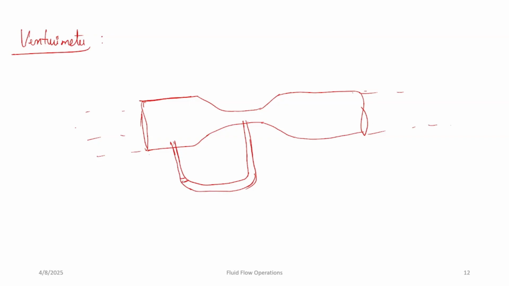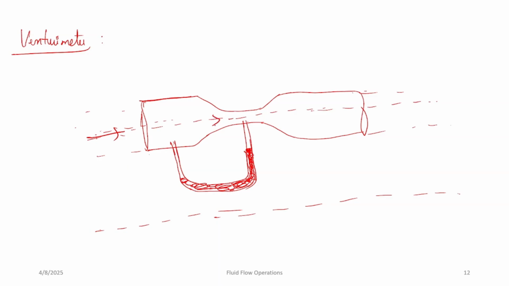Let's say this is the fluid inside the manometer, this is the reference level, and this is the center of the pipe. Flow is in this direction.